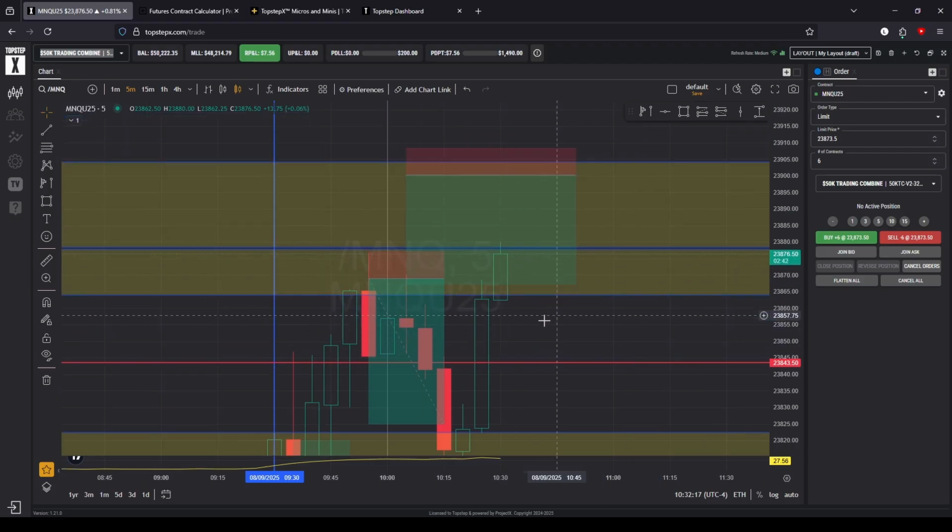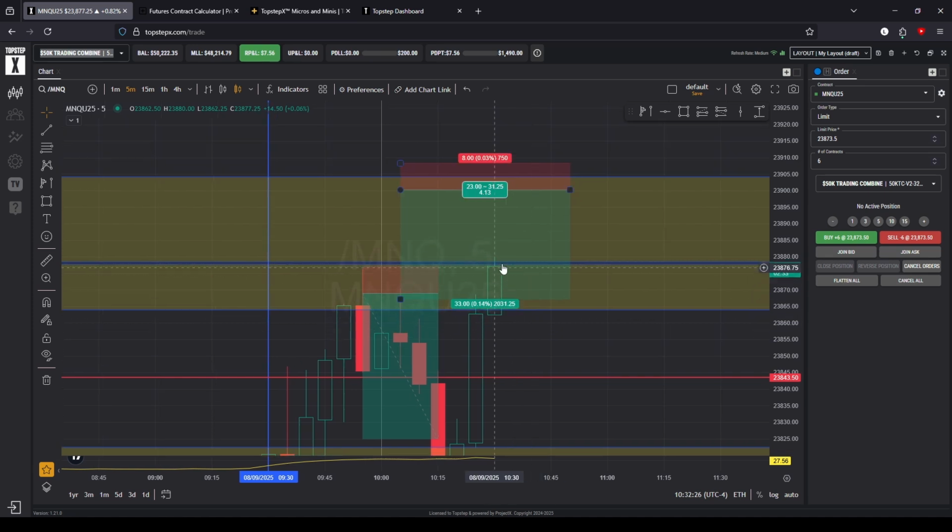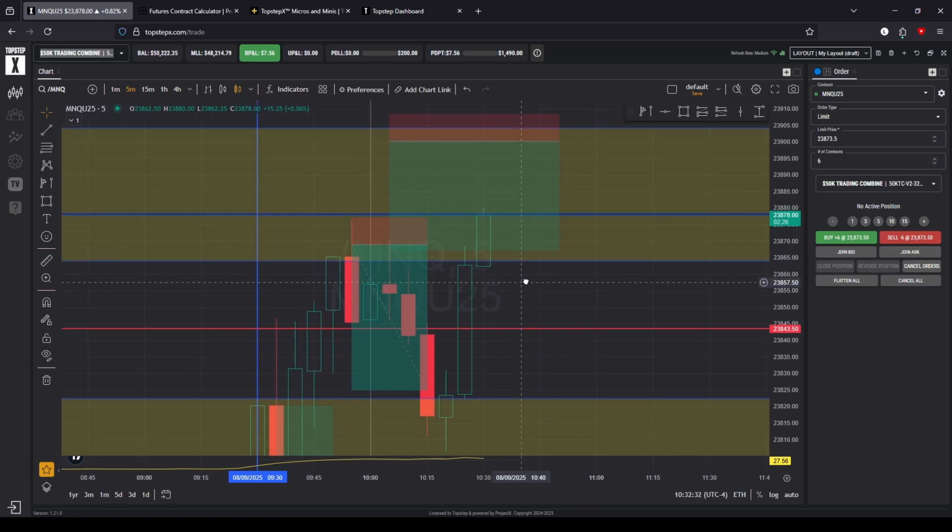The older me, before all the back testing, would have probably taken this trade here. But I'm glad the current me decided not to. This was clearly a bad idea.